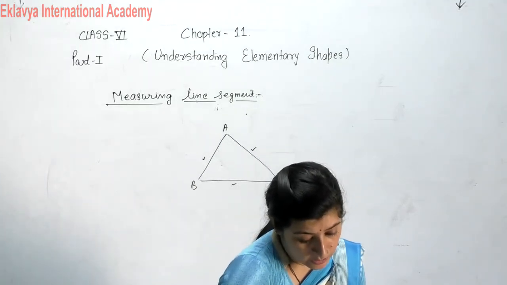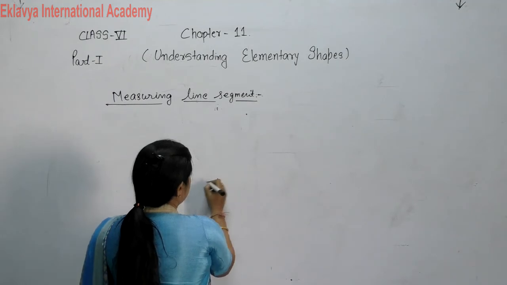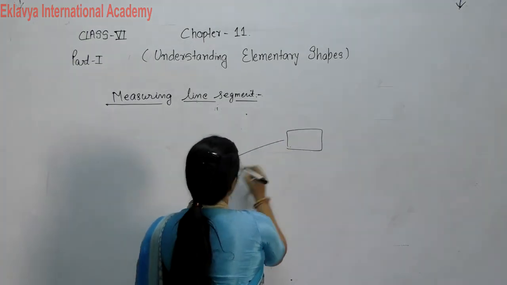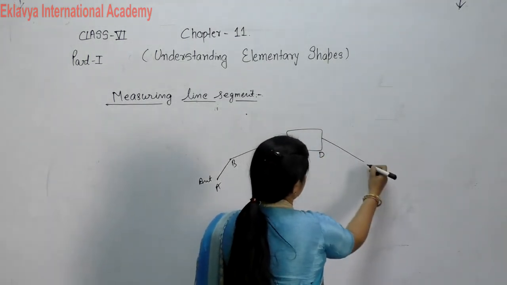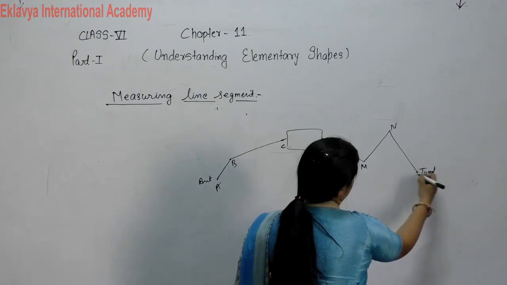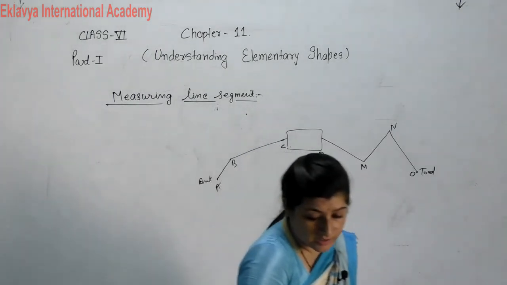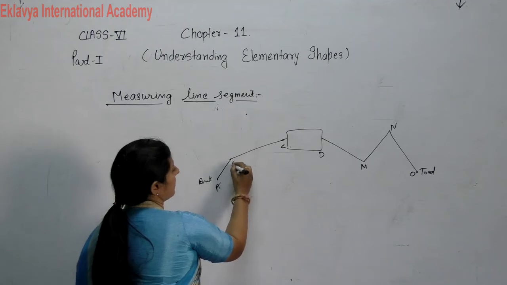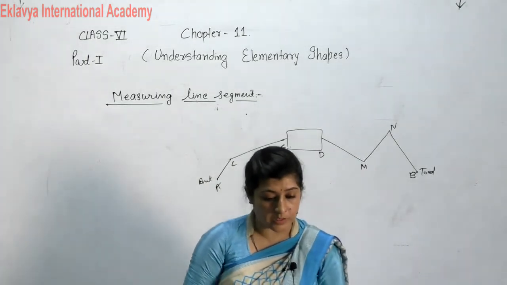Next is given to you one question: an ant is at point A and a toad is at B. How much more than the ant does the toad have to walk to reach the lump of sugar?